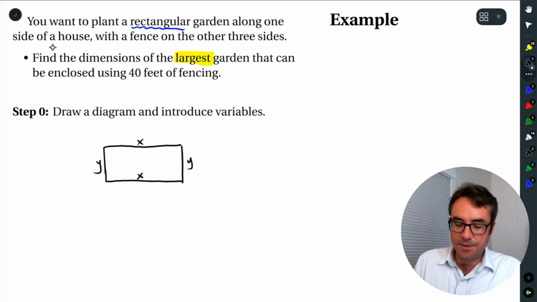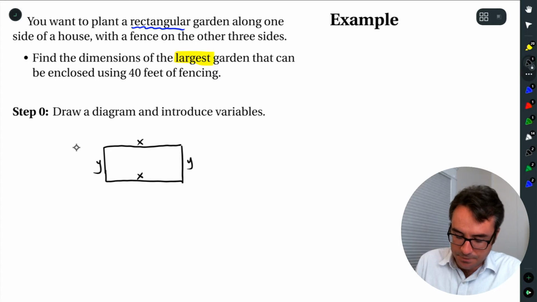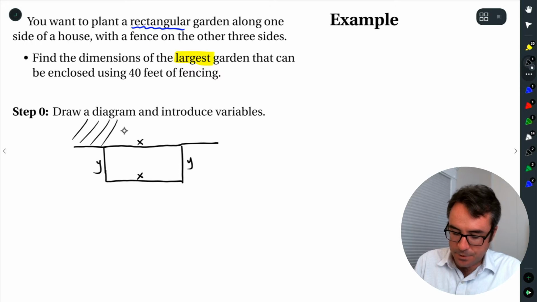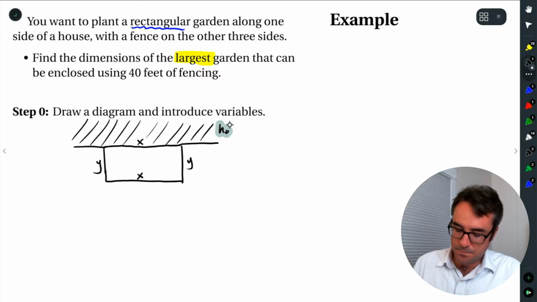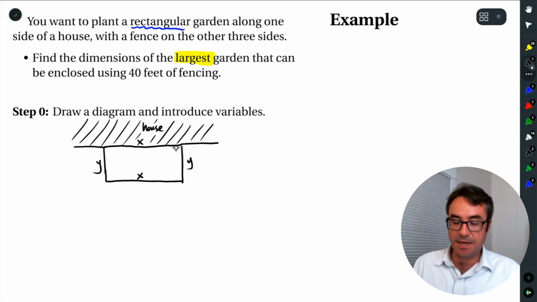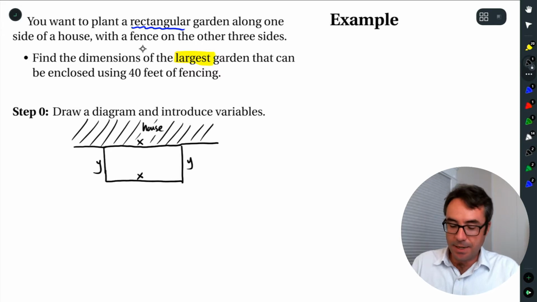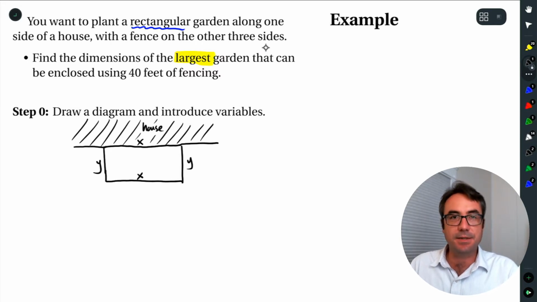One side of this garden is going to be next to a house. So let's draw in our house. Here's our house. We don't have to fence this side in because it's going to be right next to the house. We're going to be putting a fence on the other 3 sides.